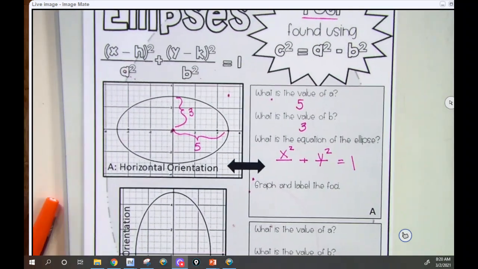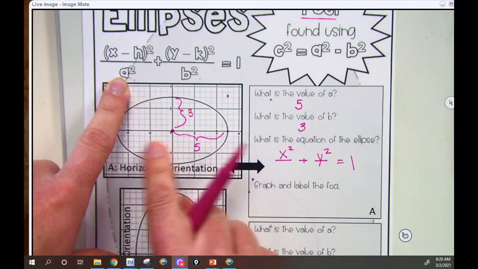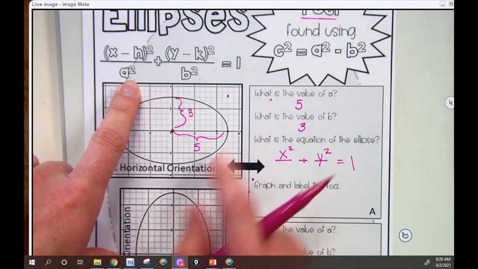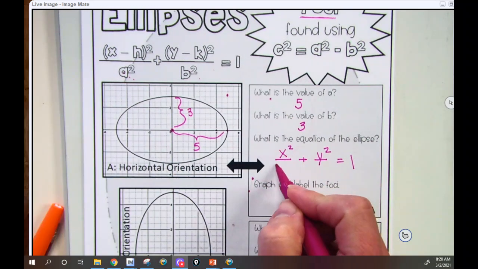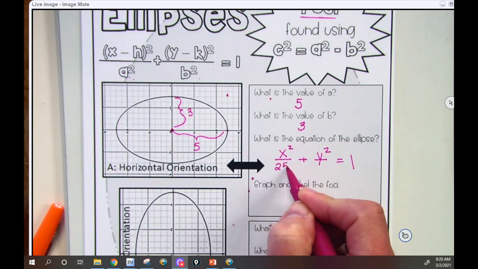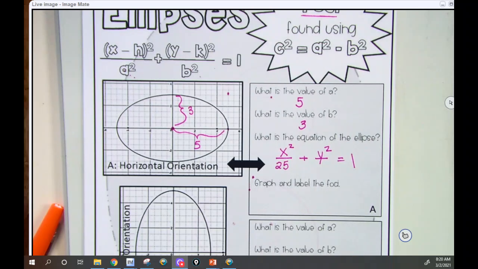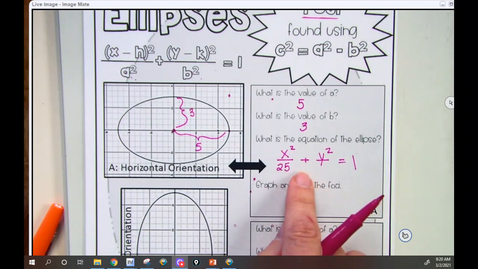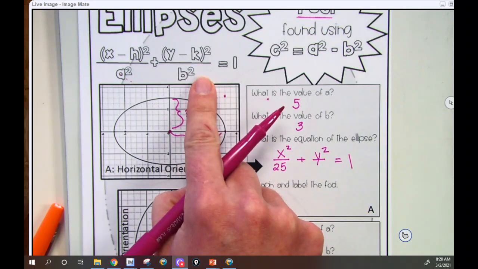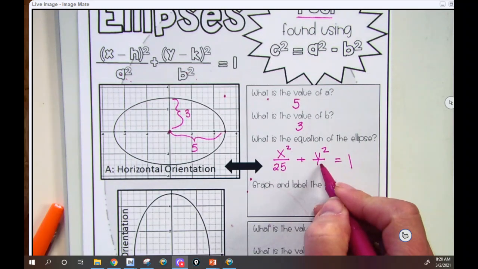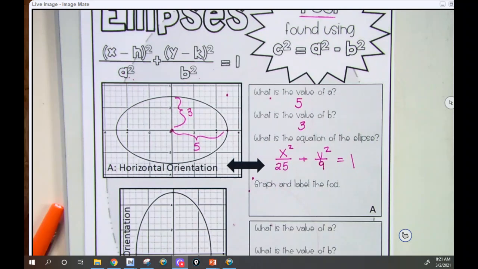Under the x, because we've got this horizontal orientation, it says a squared. Our a was 5, so that would be 25. Y squared, our b is 3, square it, and you get 9.